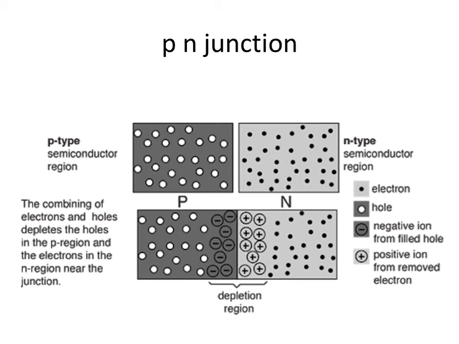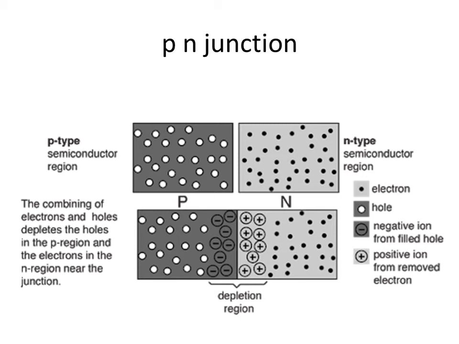So when you form the junction suitably, what we are going to see is, for example, in the top diagram, you have the n-type material on the right side. All these black dots are extra electrons. They are the majority carriers.